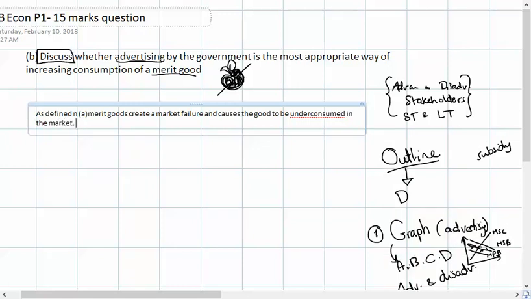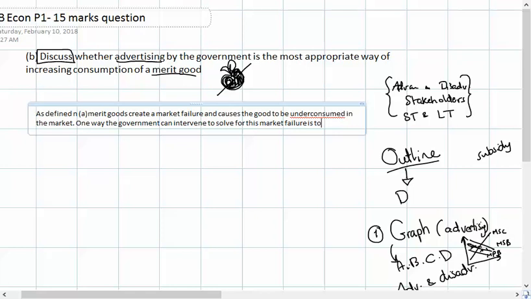Just go right ahead in answering the question. Don't reintroduce merit goods. I've seen this a lot of times. Don't reintroduce merit goods. Don't re-explain the graph of externality. Just go ahead and go into advertising. One way the government can intervene to solve for this market failure.